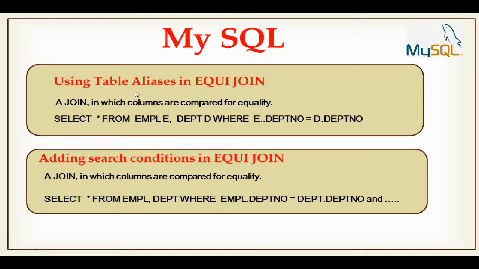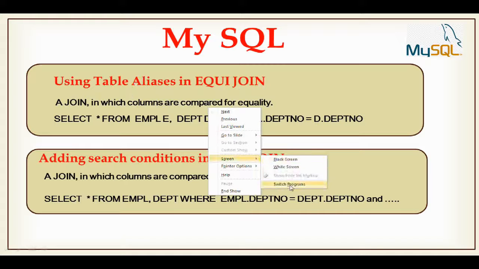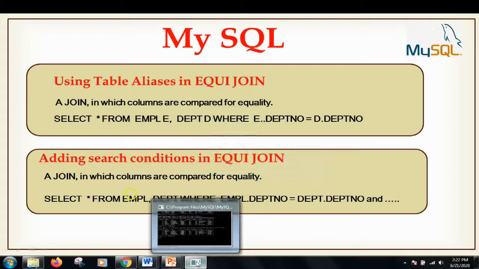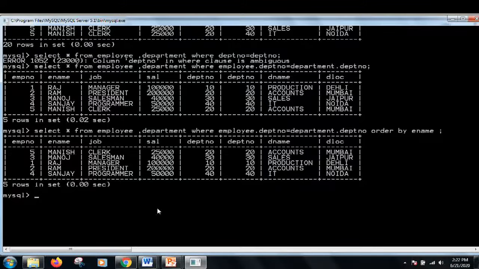Now the next topic I am telling you is how you can use table aliases in equi-join. Let me first tell you what a table alias is and then how it can be used in our queries. You can use a shortcut name for your table names when writing MySQL joining queries. Let me show you how you can use it.